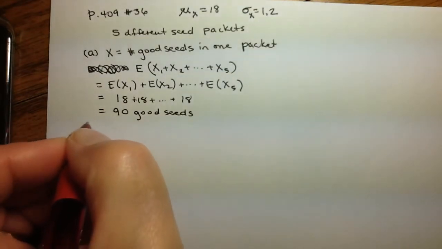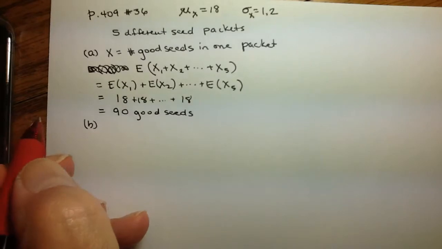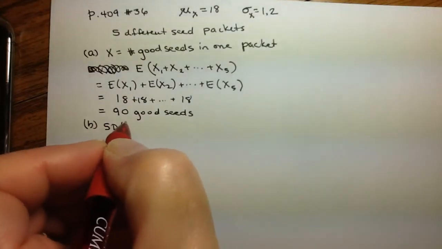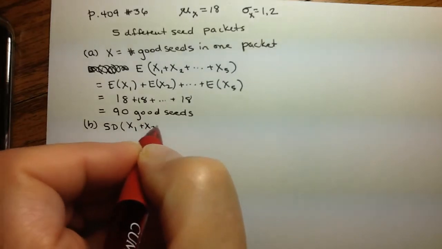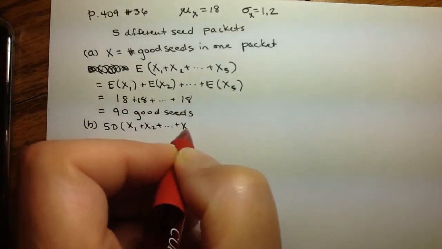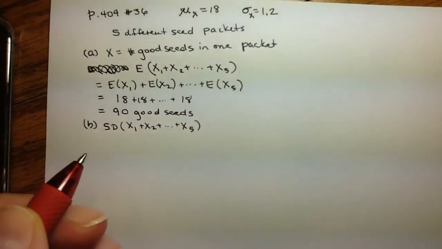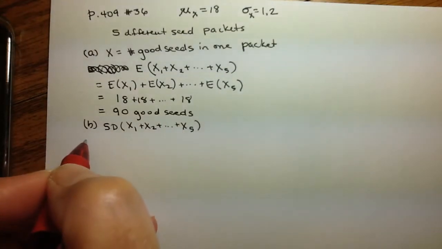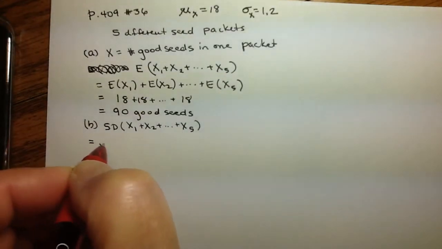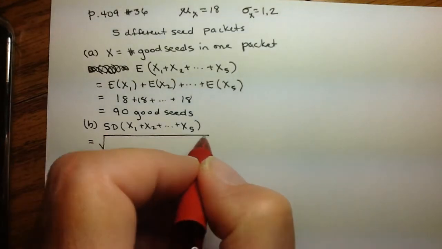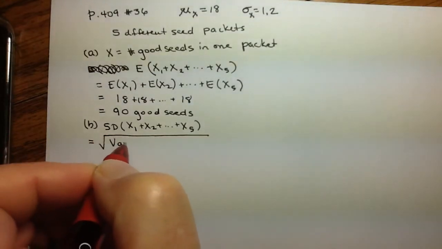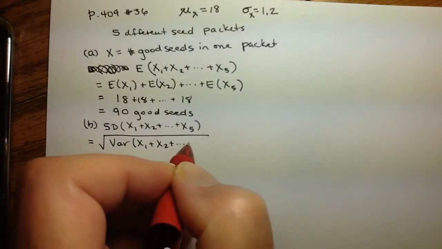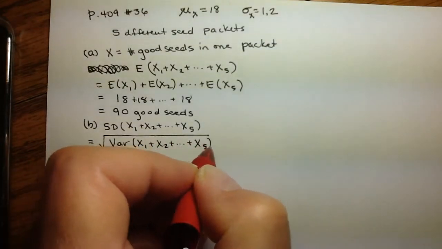Part B, we're looking for the standard deviation. So standard deviation of x1 plus x2 plus dot dot dot plus x sub 5. Random variable rules apply to variances, not standard deviation. So we're going to rewrite that as the square root of the variance of x sub 1 plus x sub 2 plus dot dot dot plus x sub 5.